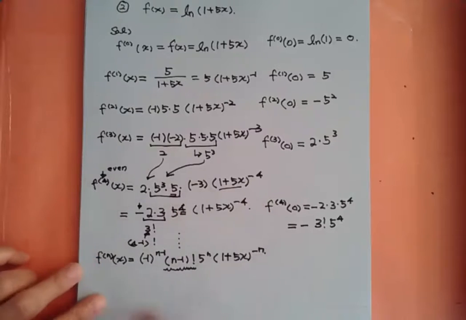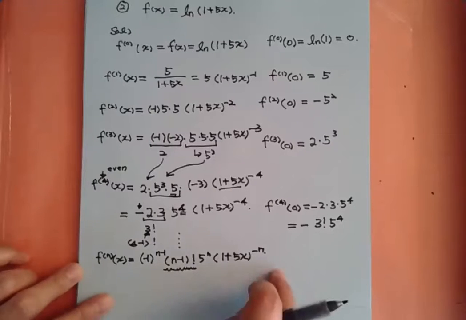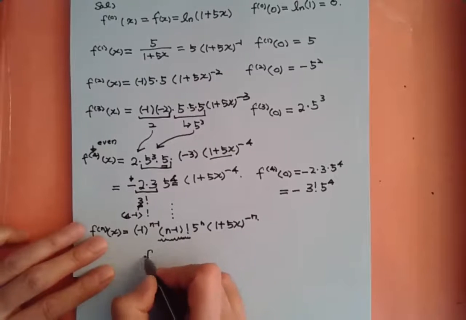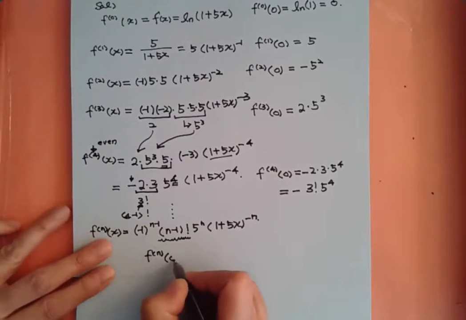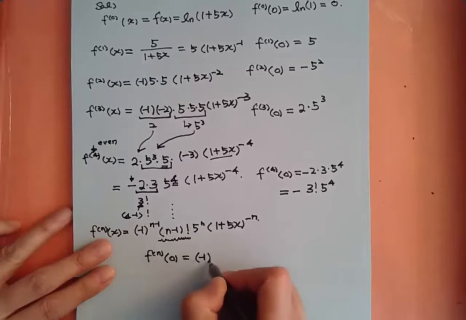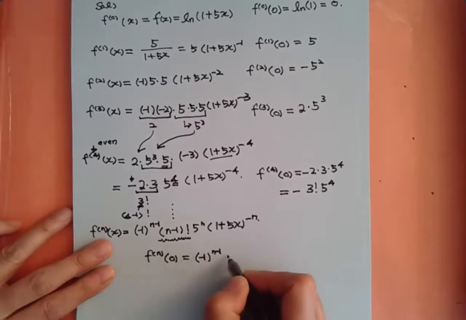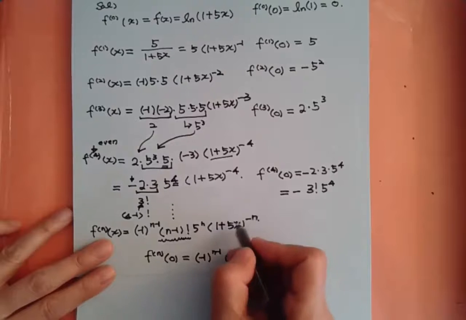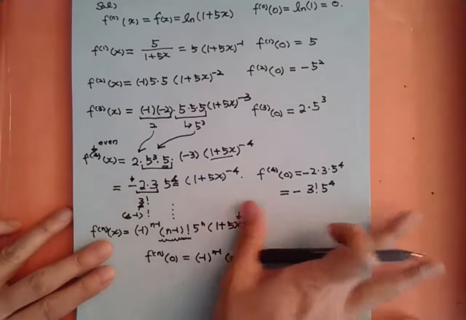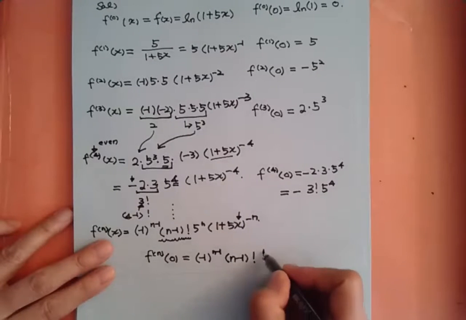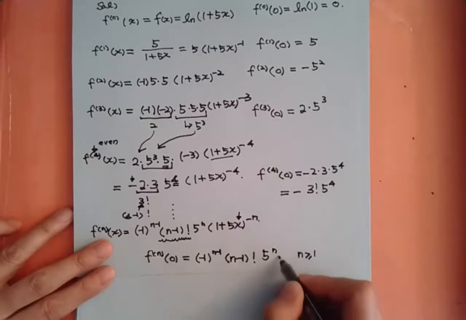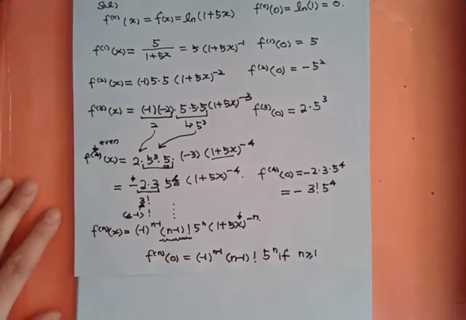We wrote this as a general formula. So the nth derivative of f at 0 is negative 1 to the n minus 1 power, n minus 1 factorial, 5 to the n power, if n is greater than or equal to 1. If you plug in 0 here, this will vanish.